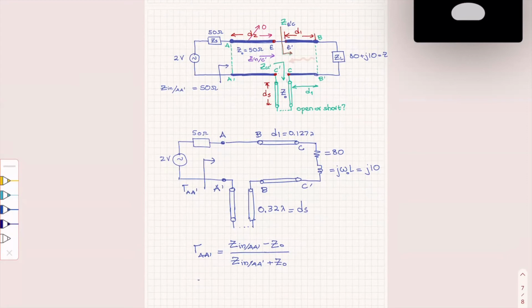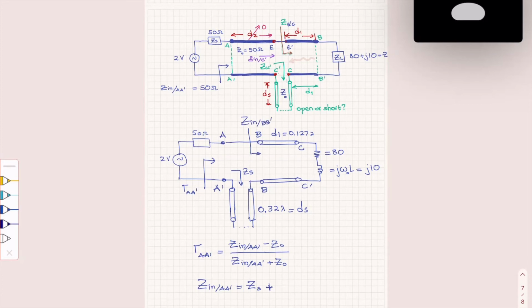So how much is the input at A prime? This is going to be the stub, as we saw before. The stub plus the length. This is the stub ZS plus Z input at BB prime. And what did we find?